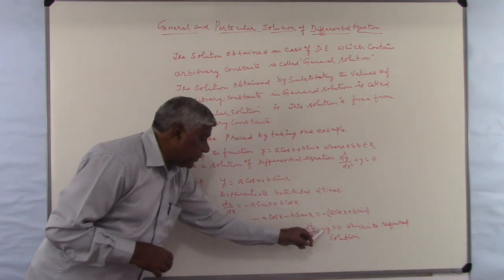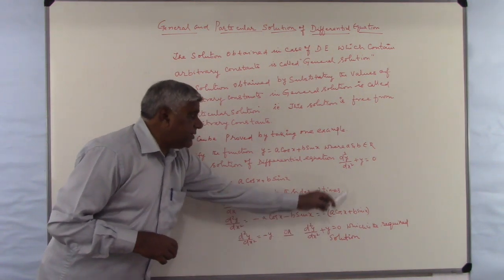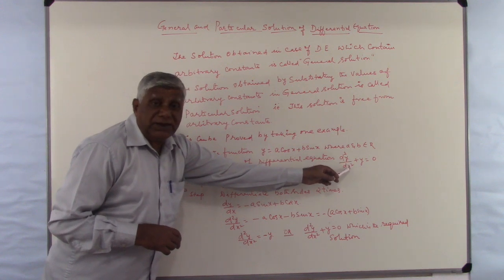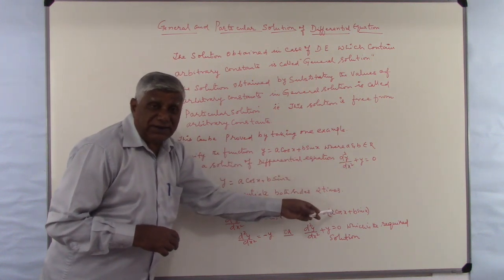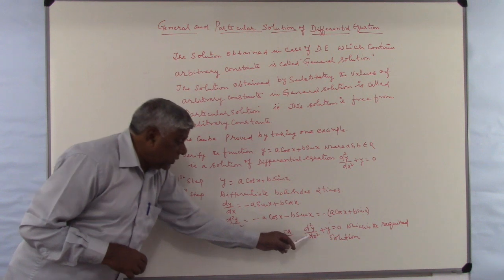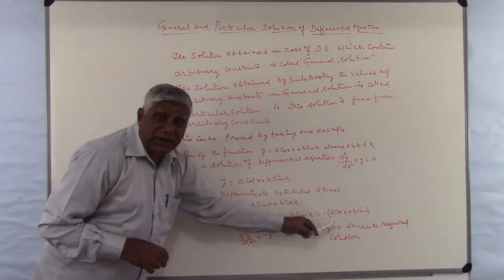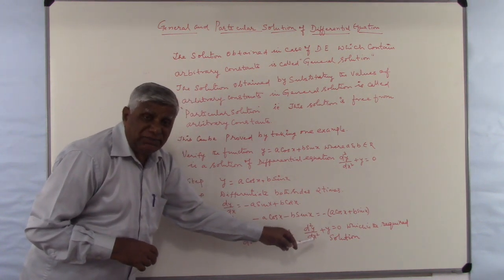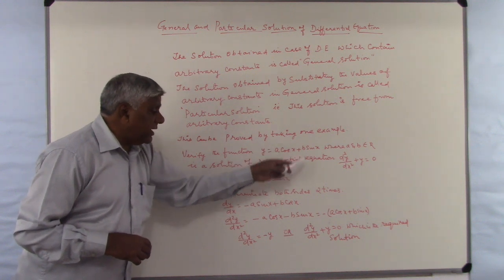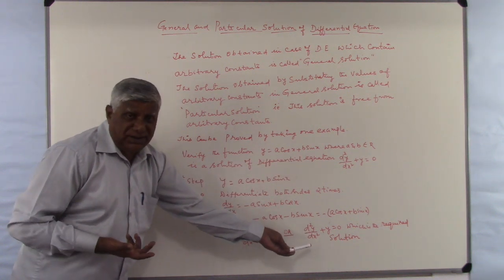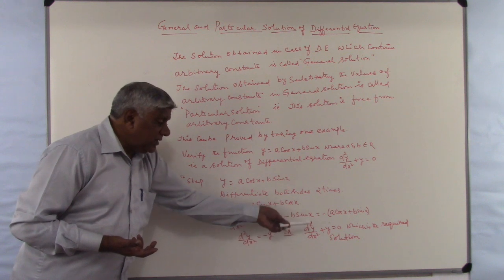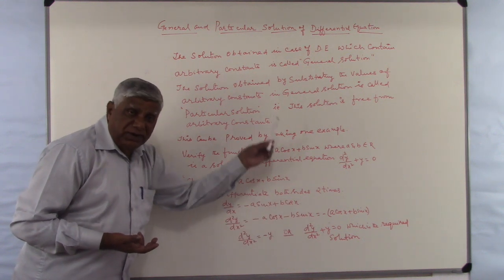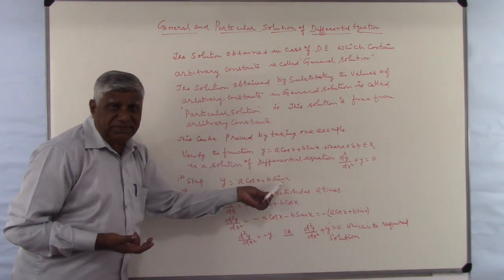It becomes plus y. On right hand side it will be 0, which is the required differential equation. So here you can see, it is free from arbitrary constants. The solution is free from arbitrary constants a and b. There is no a and b at all here. So that is how this is the particular solution for the given equation.